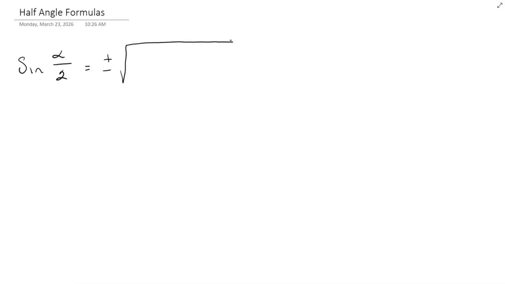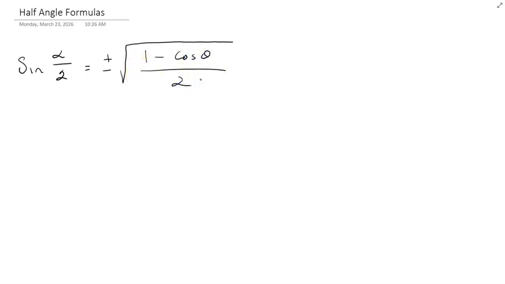It doesn't mean there's two possible answers. So if the angle divided by 2 falls in quadrant 1 or 2, we're going to use positive. If it's 3 or 4 for this one, we would use negative. That's the difference. So this is the square root of 1 minus cosine alpha over 2.